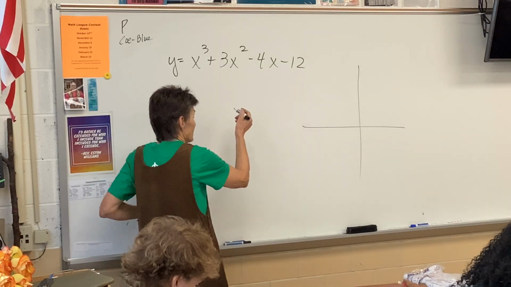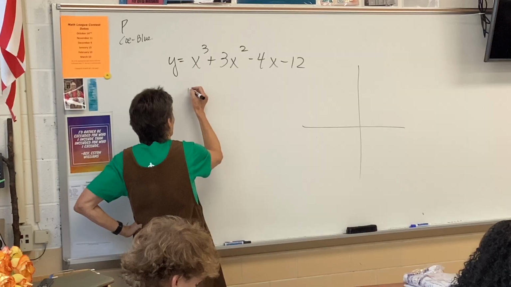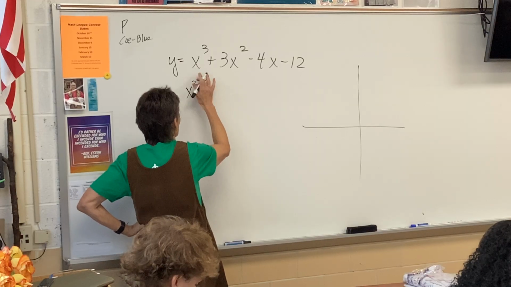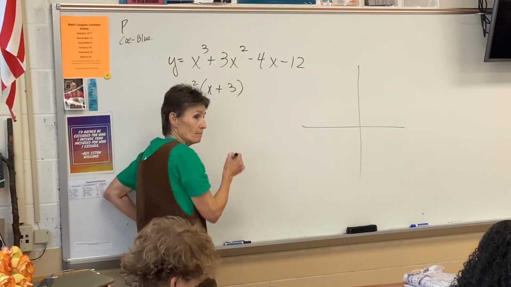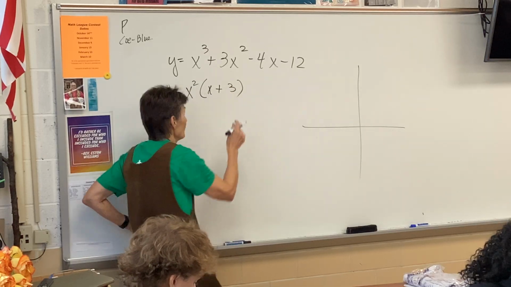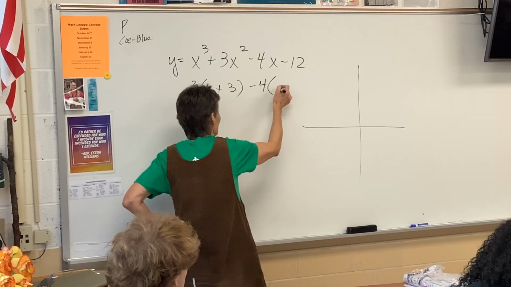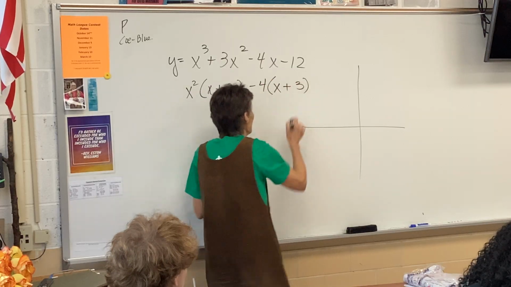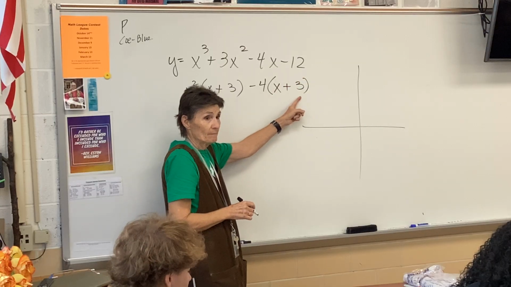All right, somebody give me some factoring ideas. What'd you do here? Took out an x squared, and that left you with x plus 3. And then what did you take out? Negative 4, and that left you with x plus 3 because 12 divided by 4 is 3, right?